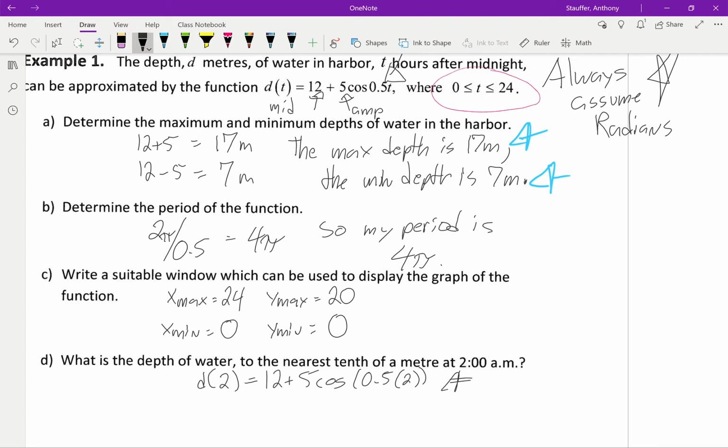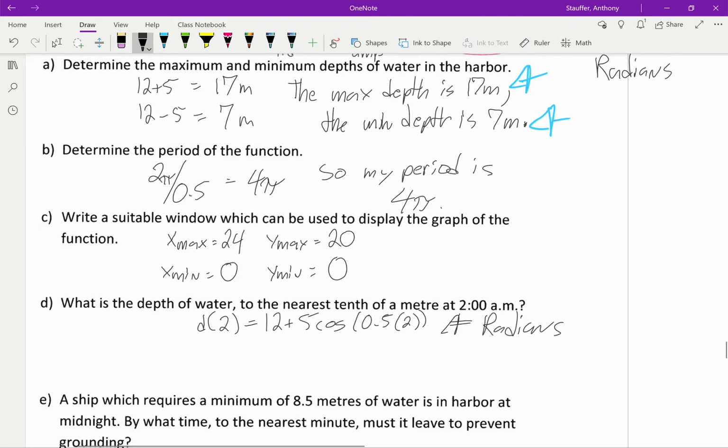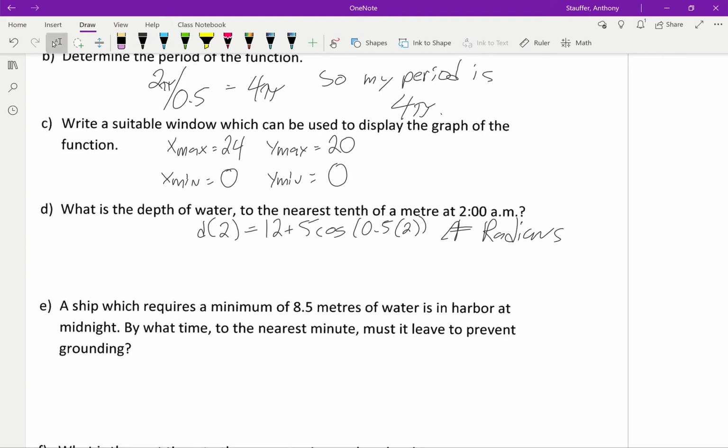Now, very, very important. Remember that we are in radians right here. So this will give me an answer of 14.7. So the depth of the water is 14.7 meters at 2 a.m.